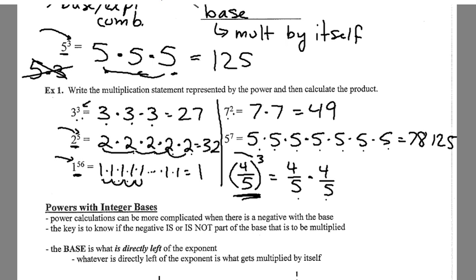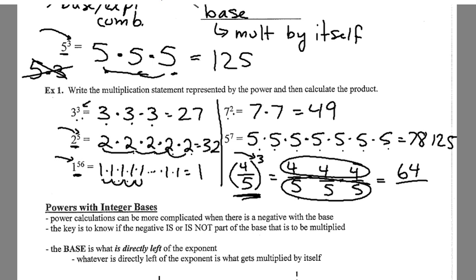That's what we multiply by itself, and we need it as a factor 3 times. 4/5 times 4/5 times 4/5. Multiply fractions. 4 times 4 times 4, 64. 5 times 5 times 5, 125. So there's our solution. Even though your base is a fraction, it doesn't change anything.